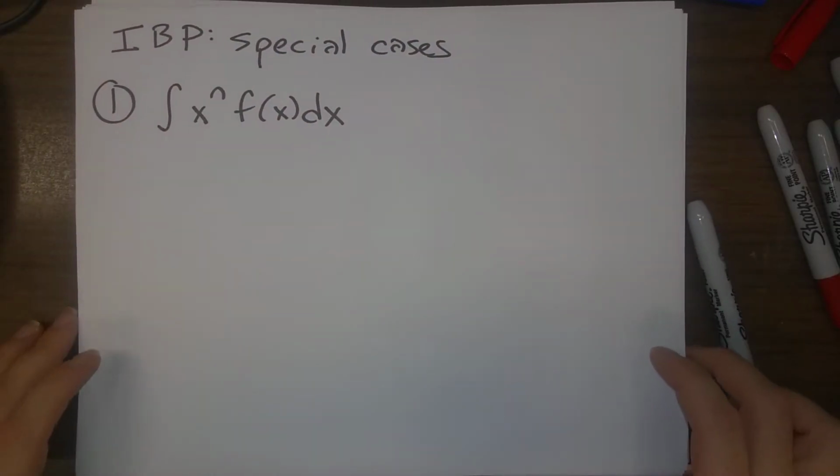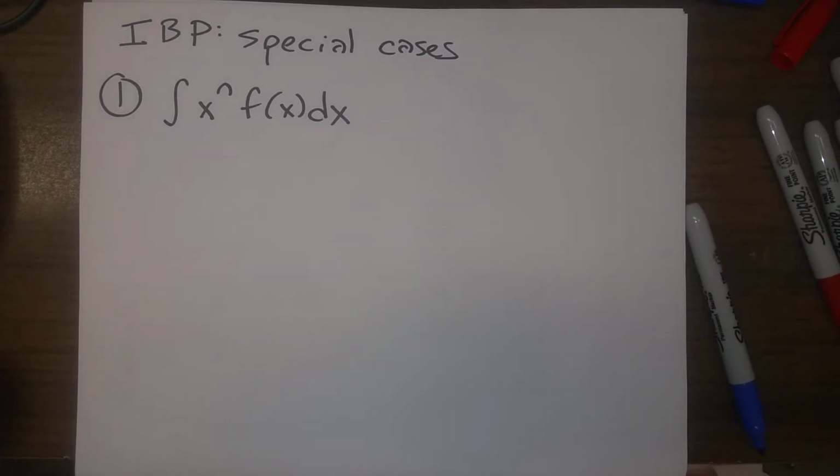Let's look at some special cases. Special case number one is that sometimes you have something of the form x to the n times some function.